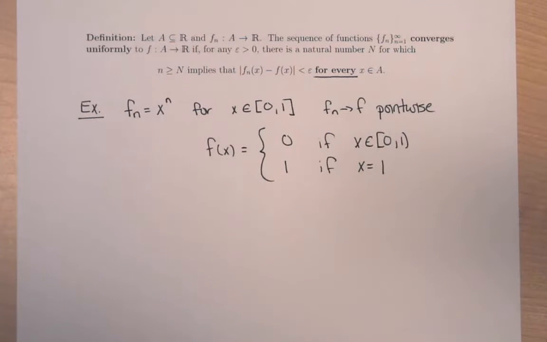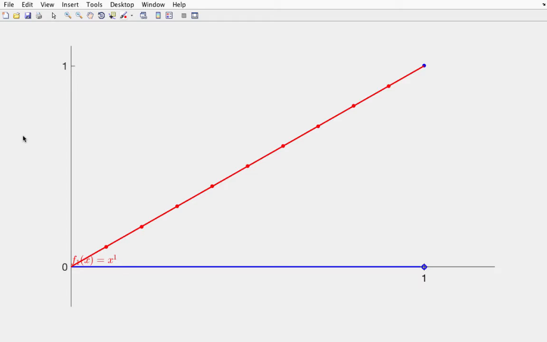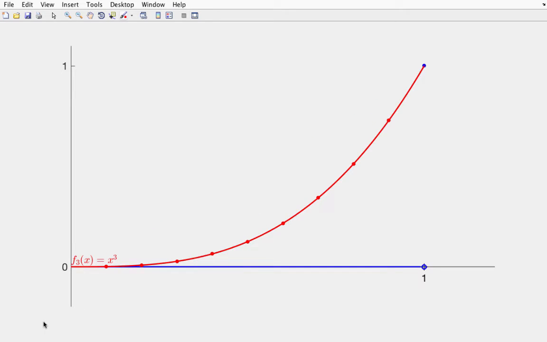But does it converge uniformly? Let's take a look. We know that the function fn of x equals x to the n converges pointwise to f of x marked there in blue, 0 if x is strictly less than 1 and 1 otherwise. In other words, if I were to mark out any point, and in fact I did mark out 10 points, each of those points would converge to f of x.